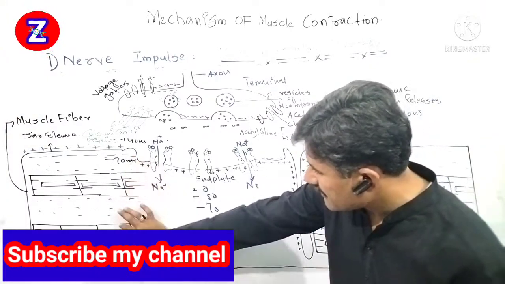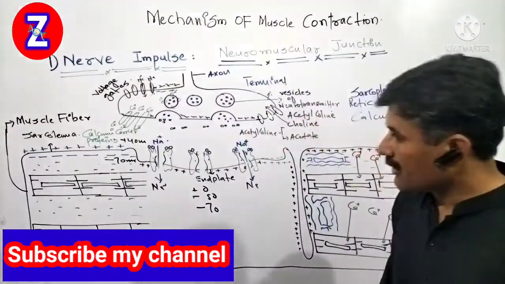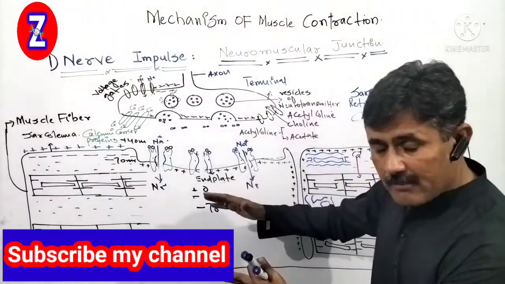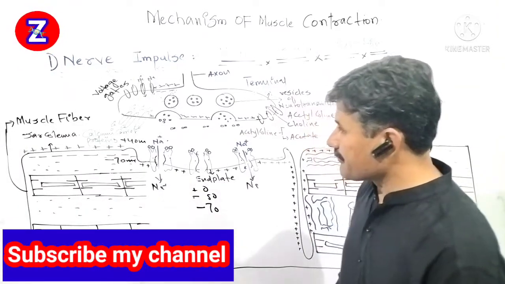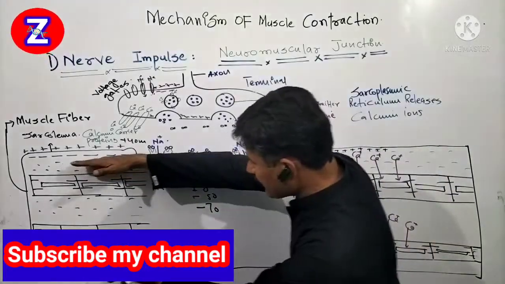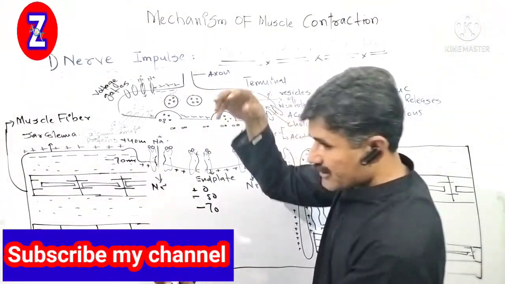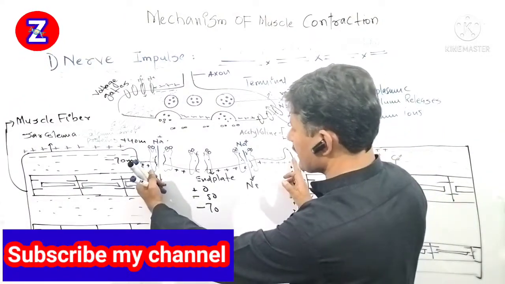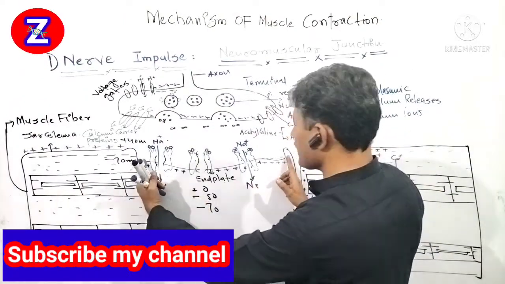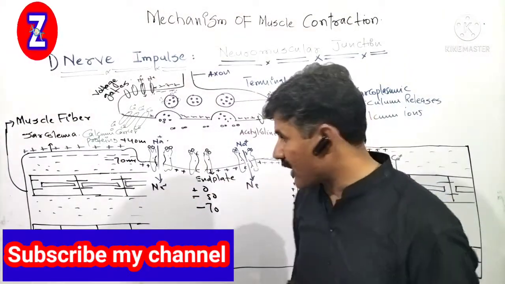These are myofibrils, and each myofibril is made up of sarcomeres, which are made up of different kinds of filaments. So this is the structure of a muscle fiber. Where the muscle fiber has a junction with the terminals, it forms a plate called the end plate, the region where the sarcolemma is going to be depolarized.